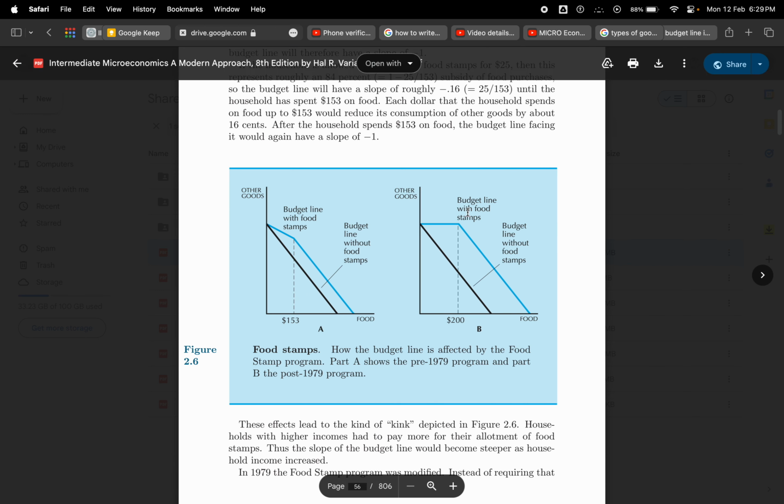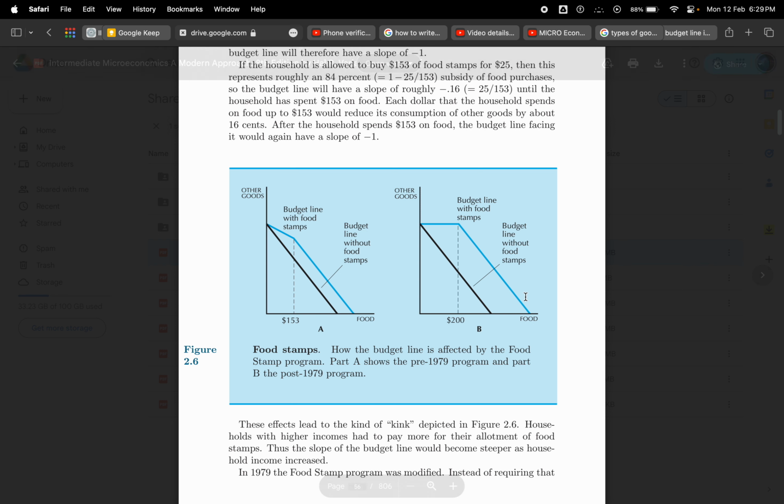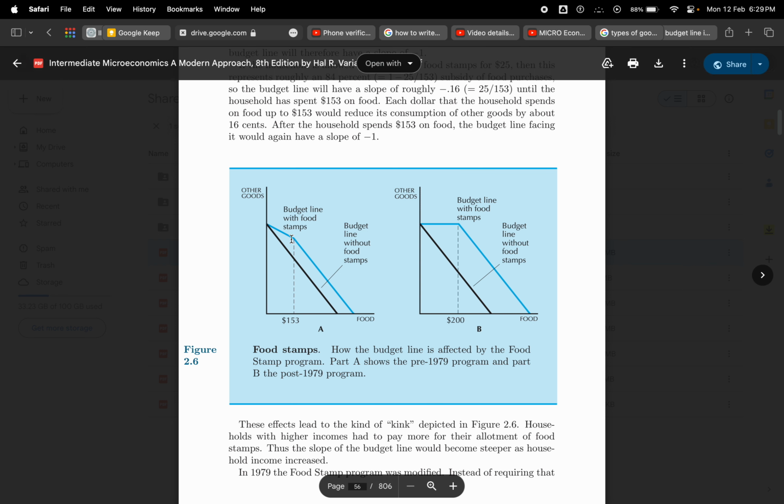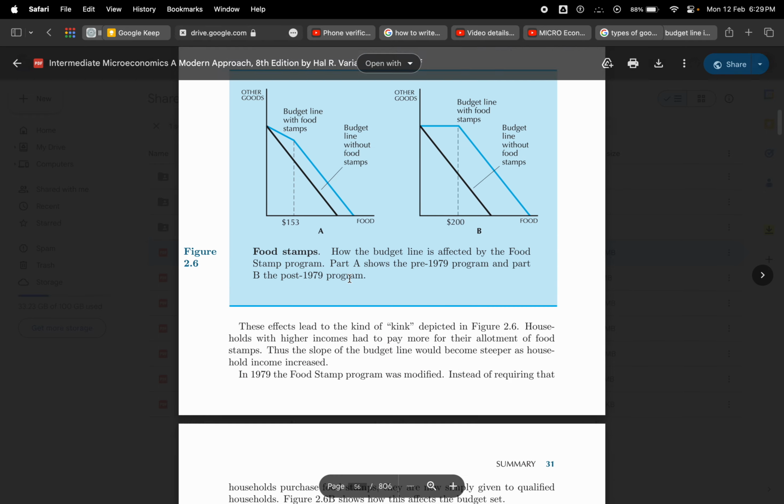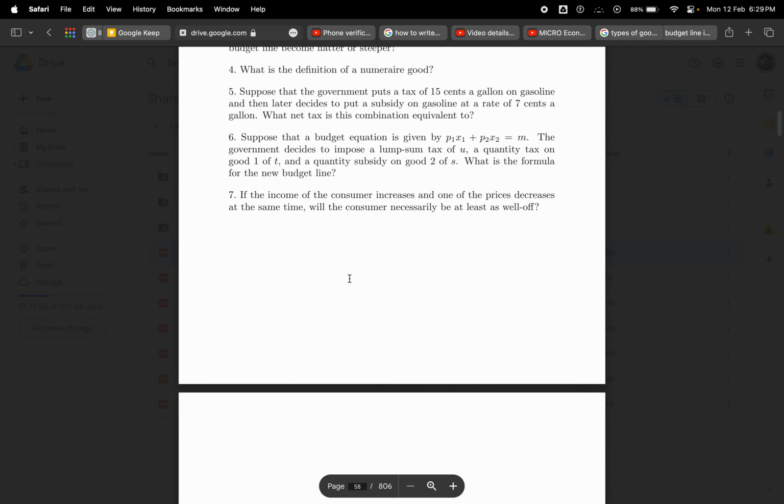That's why there's a shift and there's no steepening. There's a steep curve there, there's just a shift here. All the points to be noted, observations.